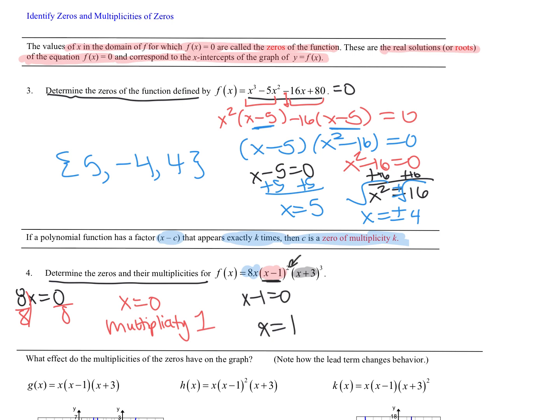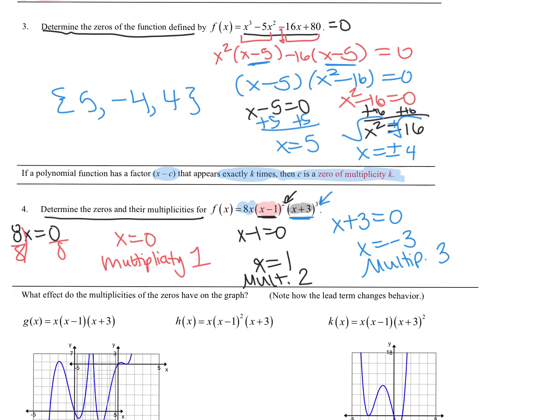But since it's squared, I can say that this has a multiplicity of 2. Then I set this equal to 0, which would give me negative 3. But since this is to the third power, I could say that this has a multiplicity of 3. So that's how we find multiplicities.